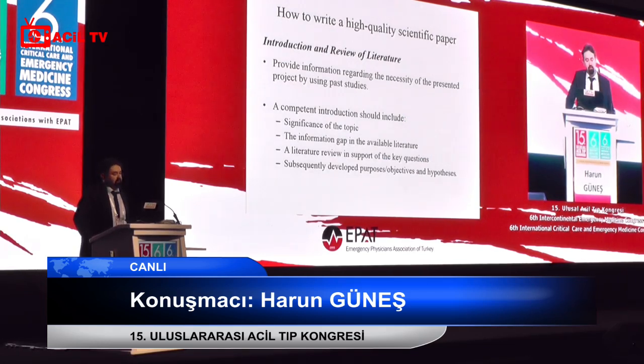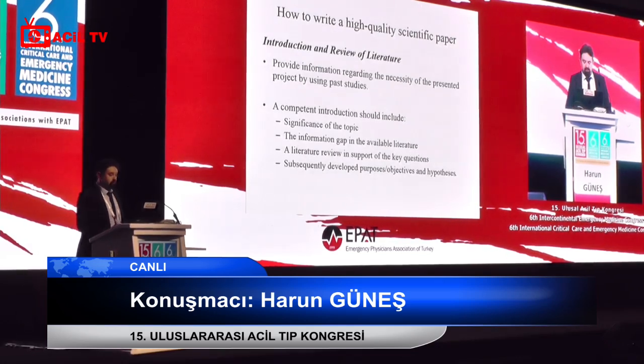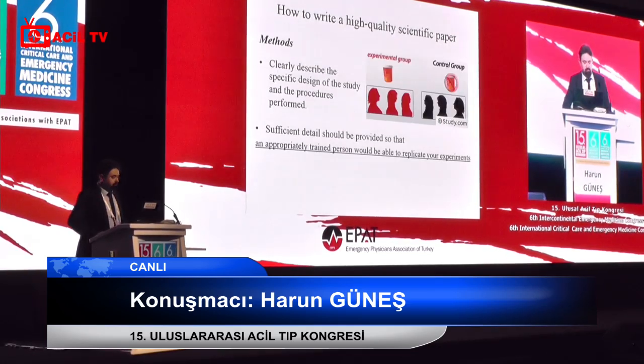Now we will continue with specific parts of a scientific paper. First, introduction and review of literature. This section should provide information regarding the necessity of the presented project by using past studies. A complete introduction should include the significance of the topic, the information gap in the available literature, a literature review in support of the key questions, and subsequently developed purposes, objectives, and hypotheses.